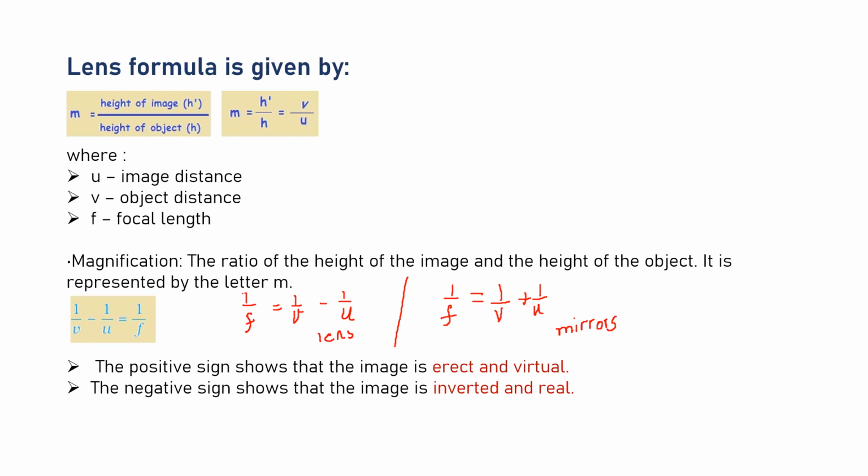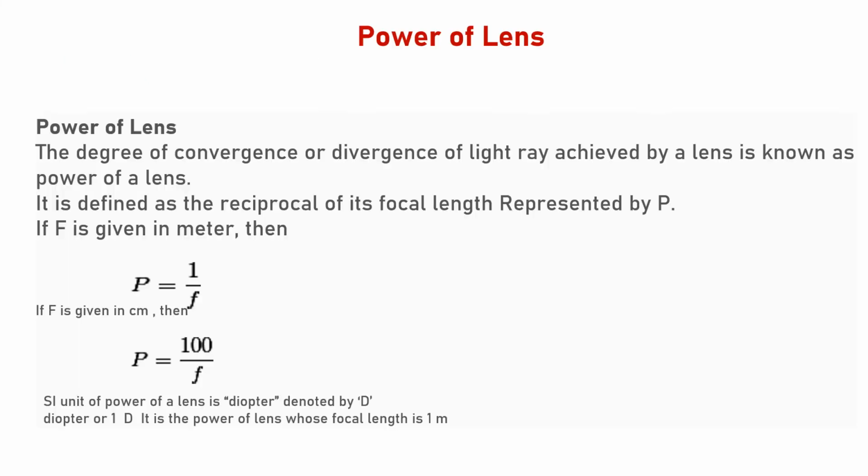The positive sign shows that the image is erect and virtual, we have discussed, and the negative sign shows the image is inverted and real. So V upon U is the magnification formula of lens, whereas minus V upon U was the magnification formula of mirrors, right? Fine. So this is what you have to know. Okay, you have to pay attention when you are doing numericals, children.